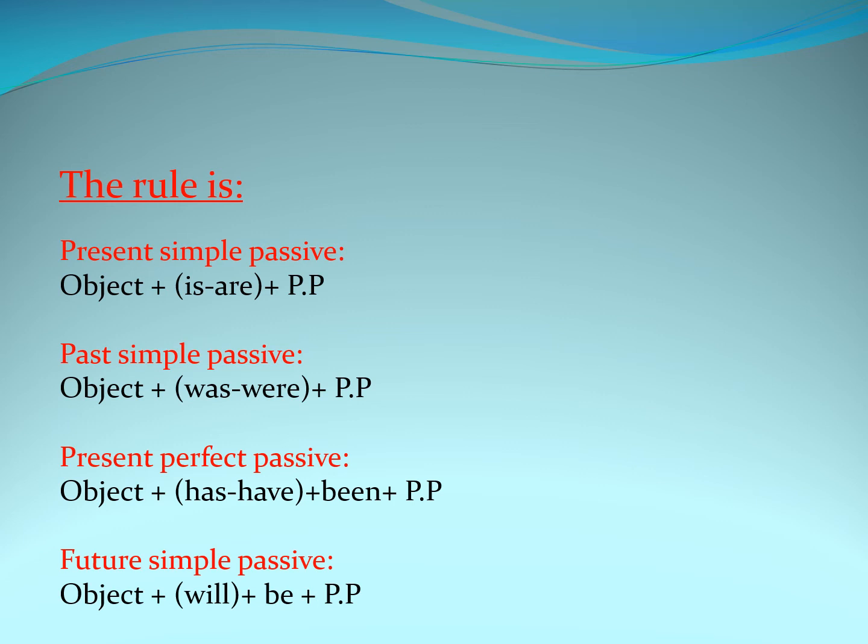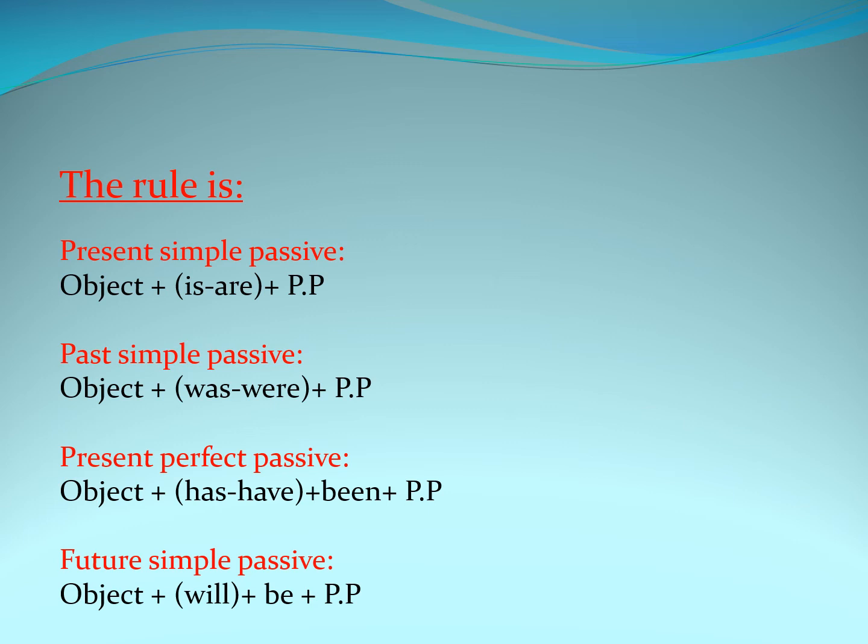And how can we change present simple active into passive? We have to start with the object, then we use is or are, and then we use the past participle. By the end of the sentence, we can use the subject preceded by "by", but it is not a must.